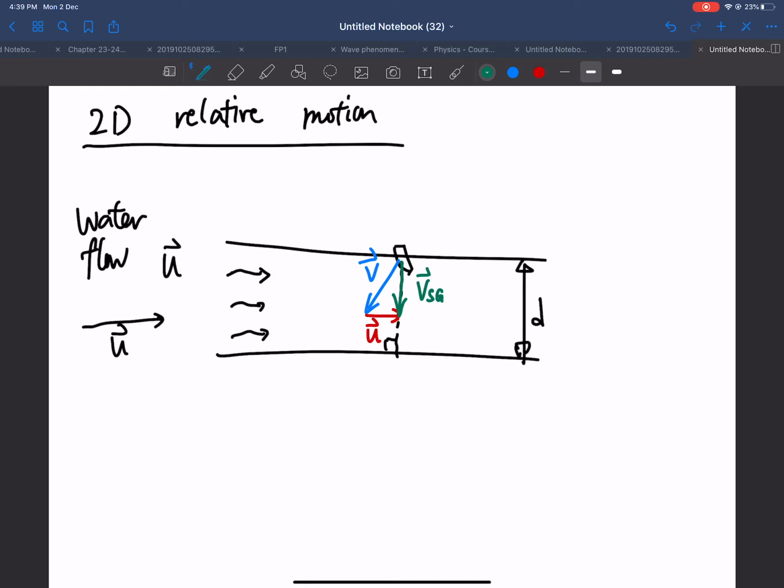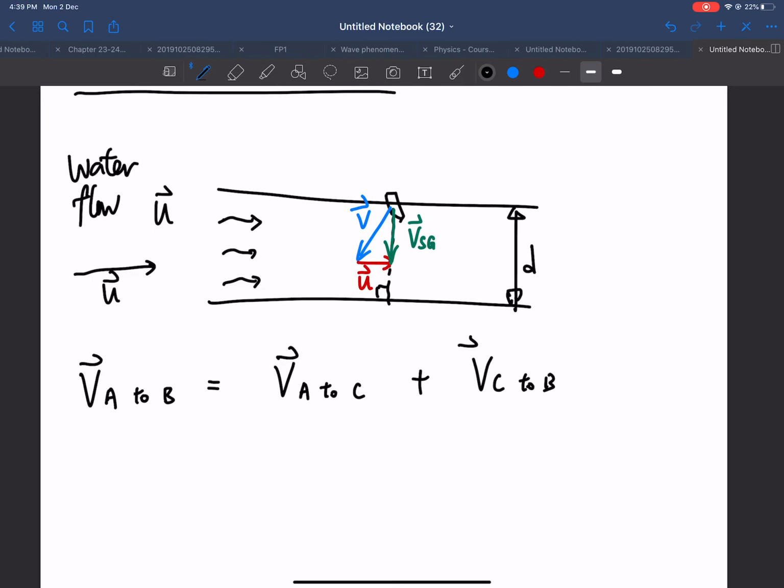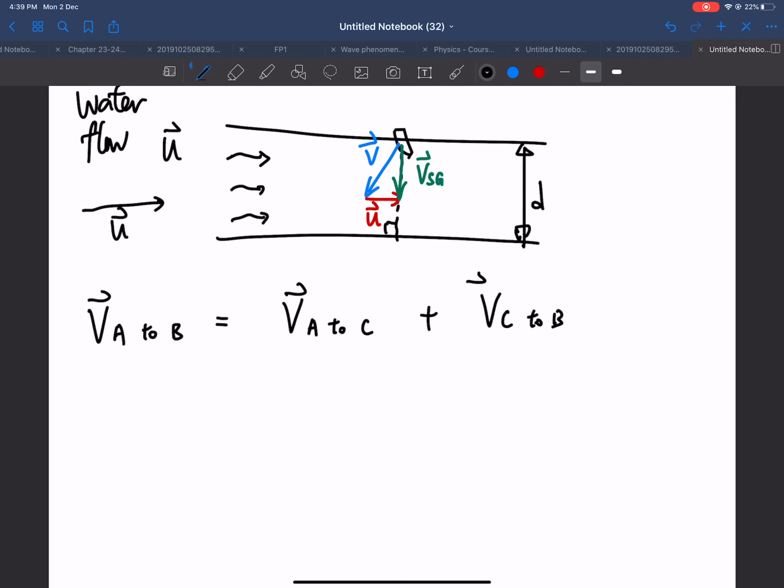So I write down the formula here. The formula we learned is: if the velocity of A relative to B equals the velocity of A relative to C plus the velocity of C relative to B. So I state clearly here. What's the green one? Let me write it here.